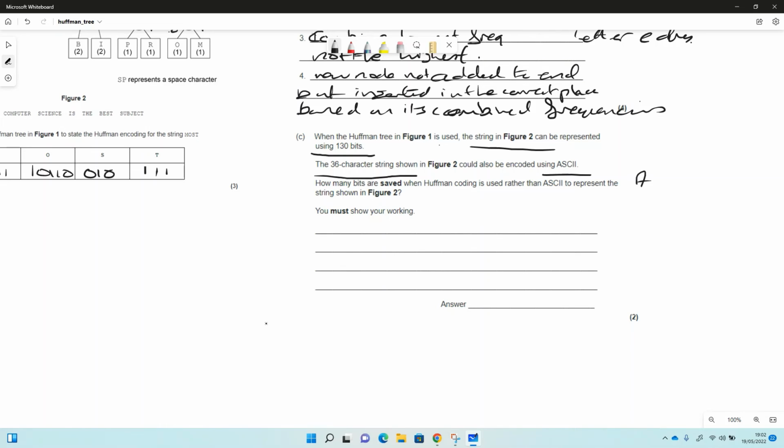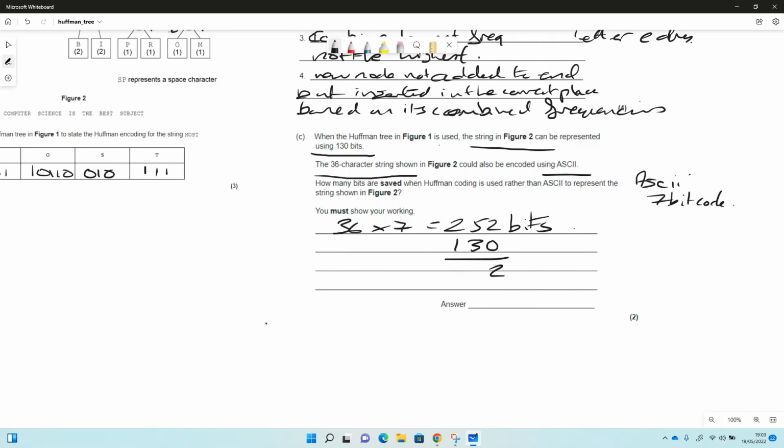So we need to remember that Ascii is a 7-bit code. So that means there's 7 bits for each character. So we could work out 36 times 7, which is 252, I think. That would be bits. But then to work out the saving, we need to take away the 130.